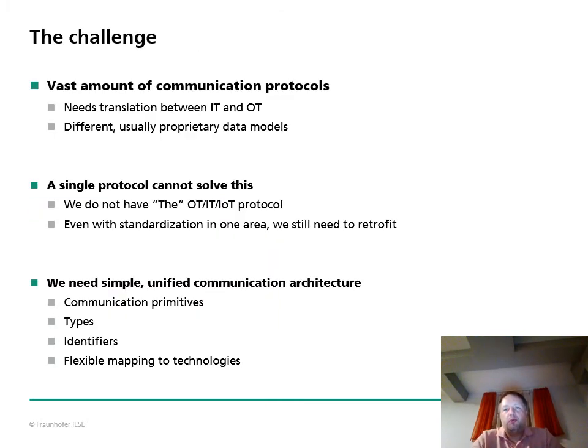The challenge is today we have a vast amount of communication protocols, and there is standardization ongoing. So for example, OPC UA is one big thing that will certainly be one standard in industry for automation. But we have so many protocols, not only because we have different manufacturers of communication technology, we have these protocols also because they have specific properties. High-speed cameras, for example, can create 1,000 pictures per second.